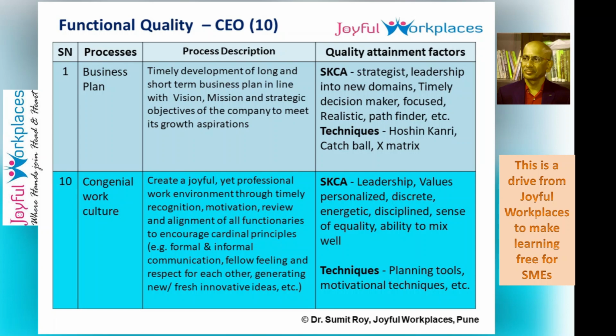And he should at the same time be able to mix with all levels at ease. Some of the techniques that can be used are planning tools, and motivational techniques should be made known. So these are some of the processes of the CEO, and what it takes on the part of the CEO in order to materialize these processes into a meaningful output.